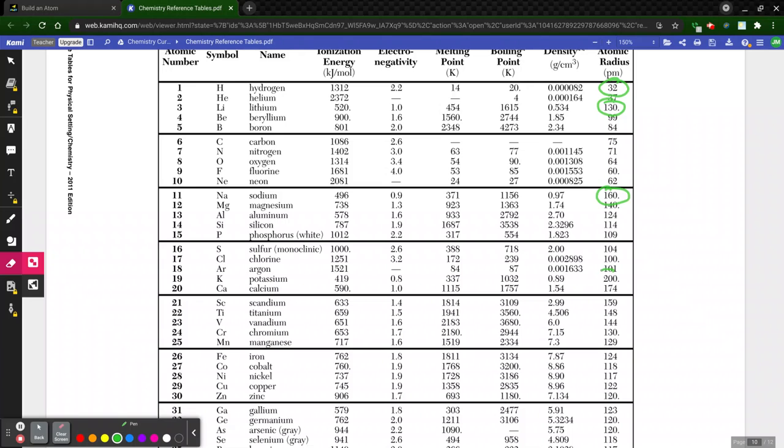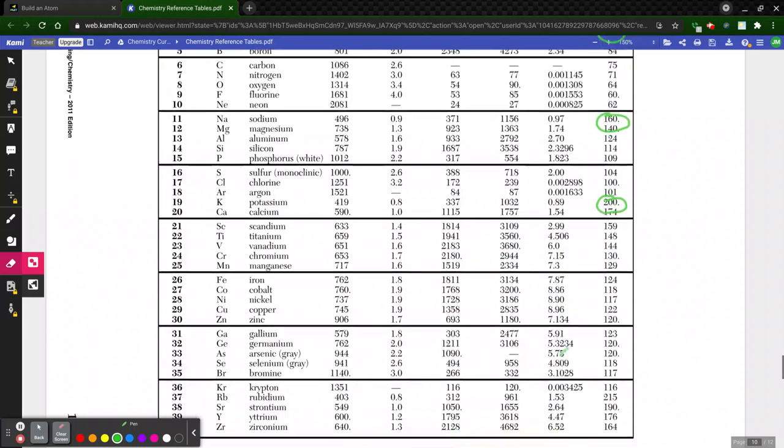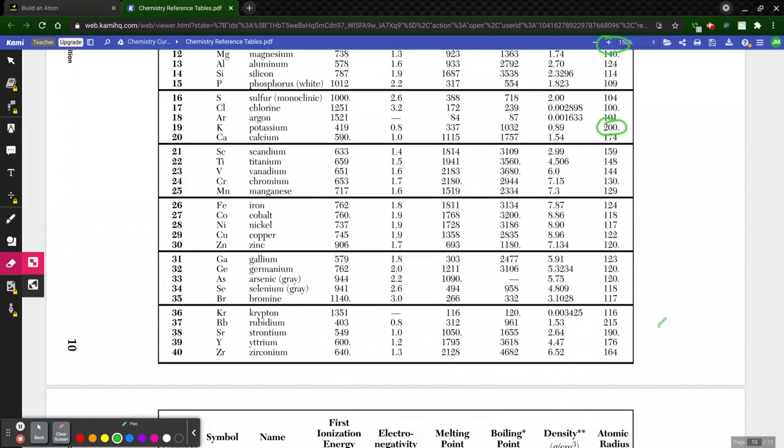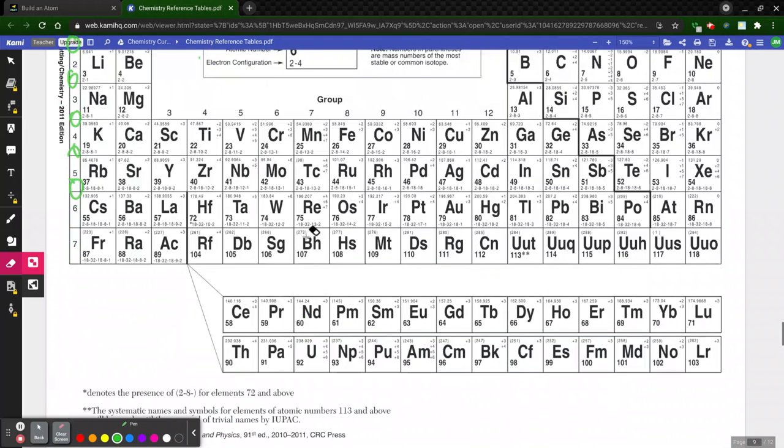And then we'll go down to the next period. And again, we're staying in group 1. Potassium has a radius of 200 picometers. Oh, we got to keep going. Group 1. What's the next element? I believe it's cesium. Or is it rubidium? There we go, rubidium. 215, right?